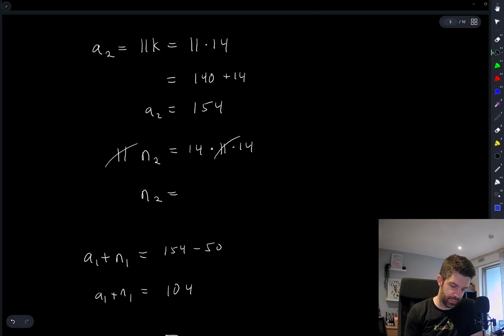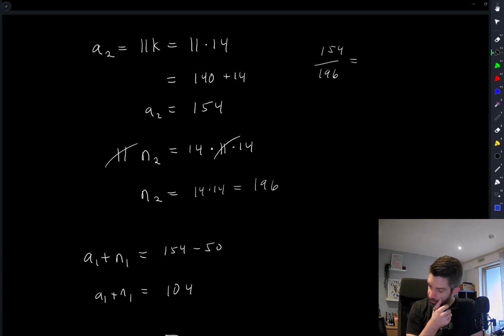N2 is 14 times 14, not 14 times 11. That's 196. So we check 154 over 196. These have a common factor of 14. This is 11 over 11 plus 14. So that's 11 over 25, which is exactly what we want.